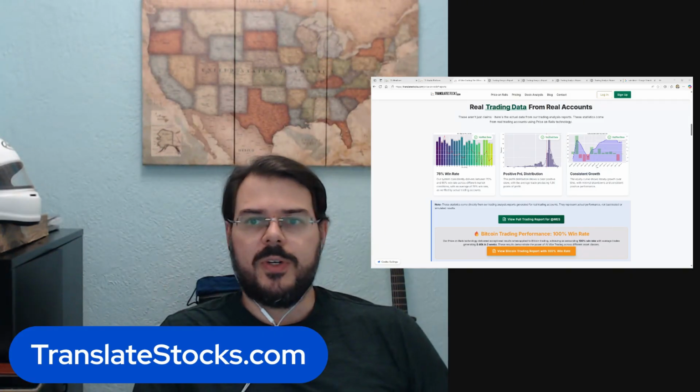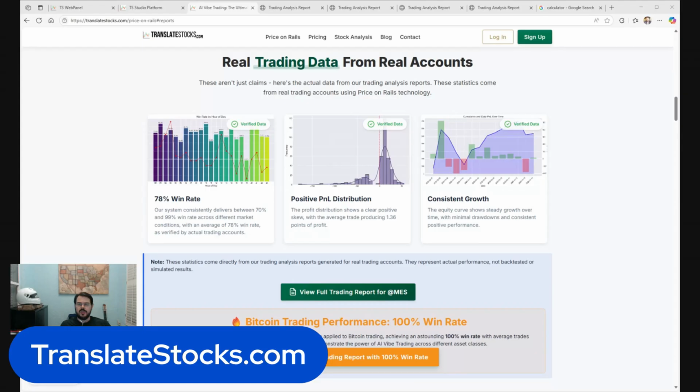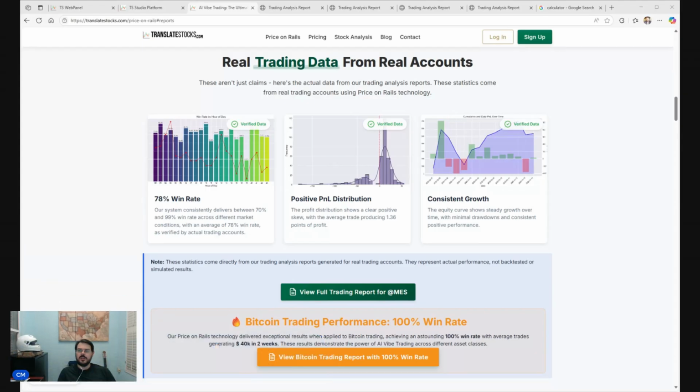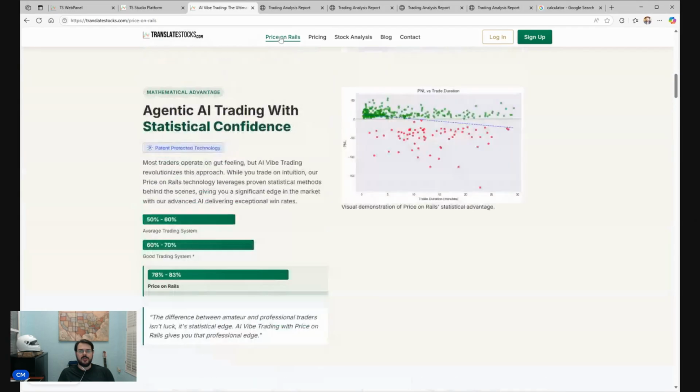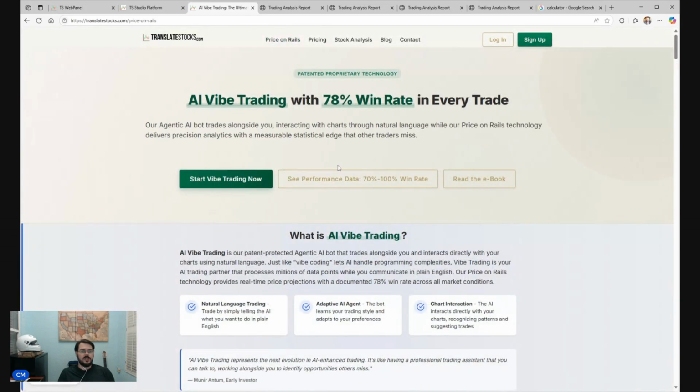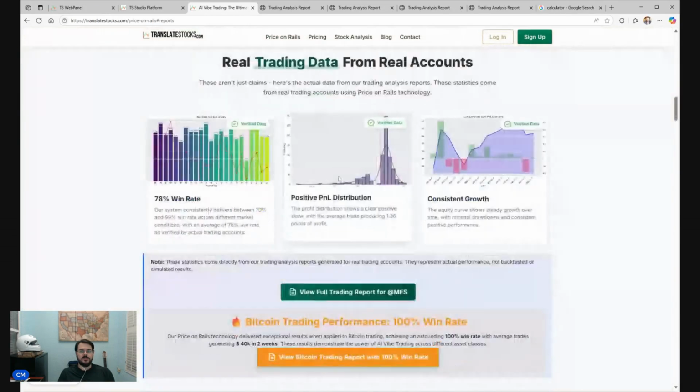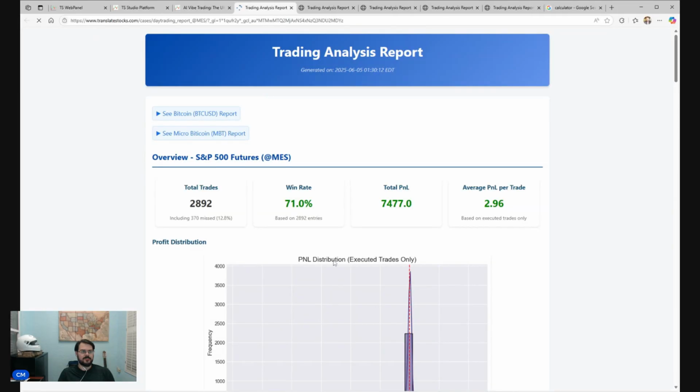So first, let me show you a little bit of the logic of this strategy. We have on our website here at firstdaystocks.com some reports. If you come here to the price on Rails, you see this button to see the performance, and we have some reports. One of the reports is this view full trading report.